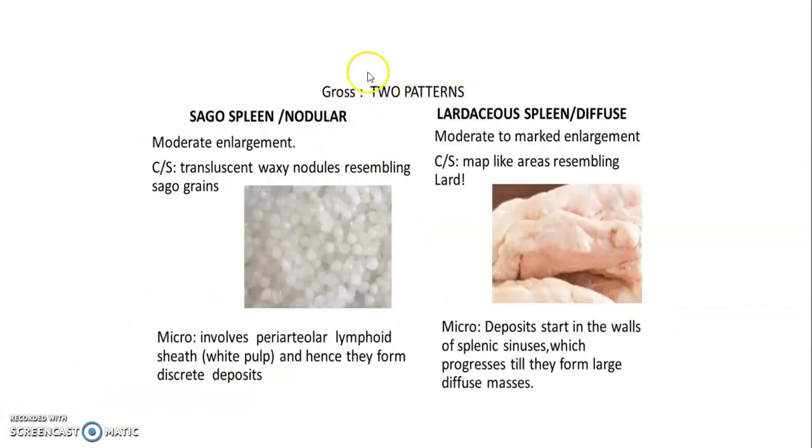So when the spleen is involved, there are two patterns, sago spleen and lardaceous spleen. In sago spleen, the spleen is enlarged. The cut surface shows translucent waxy nodules resembling sago grains. Microscopically, it involves the white pulp, the periarterial lymphoid sheath.